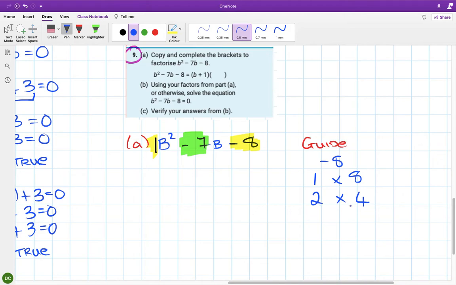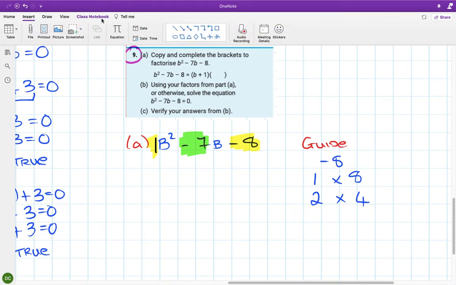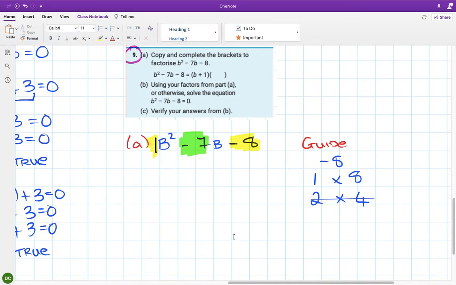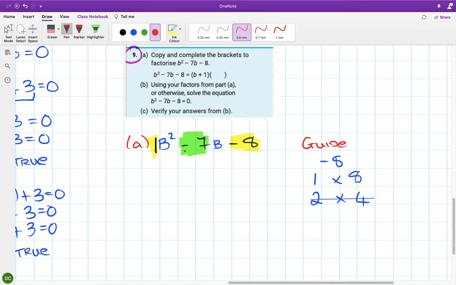So I can't get it out of the 2 and the 4 because if I add those, I get 6, and if I subtract them, I get 2. So it's not going to be them. But this will work. I'll be able to get 7 with an 8 and a 1. Okay, now just to note though, it's a minus 7, so I'll need a plus 1 and a minus 8 because plus 1 minus 8 makes minus 7.